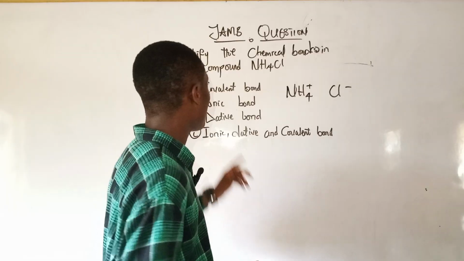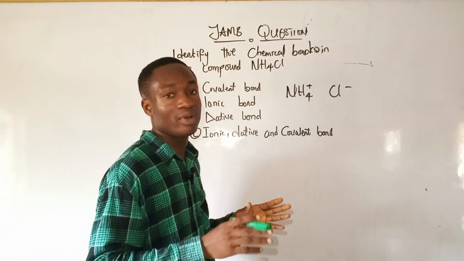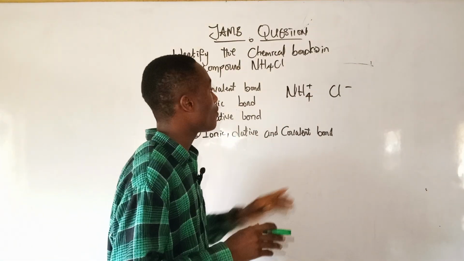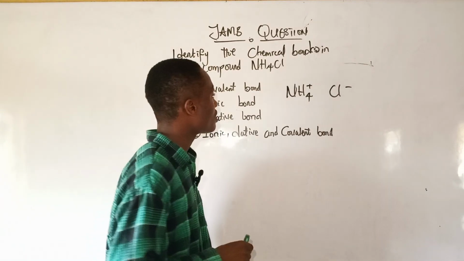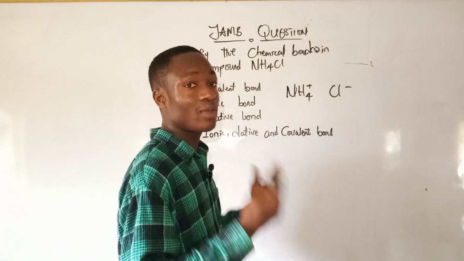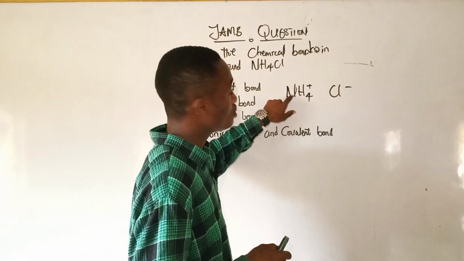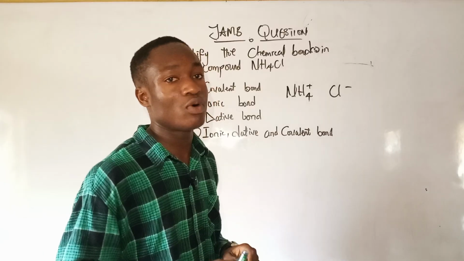Now, an ionic bond exists between oppositely charged elements. So you can say they're oppositely charged, which means there's an ionic bond existing between them. But that's not all. In here, there's another chemical bond that exists between the atoms of nitrogen and hydrogen, and that chemical bond is a dative bond.